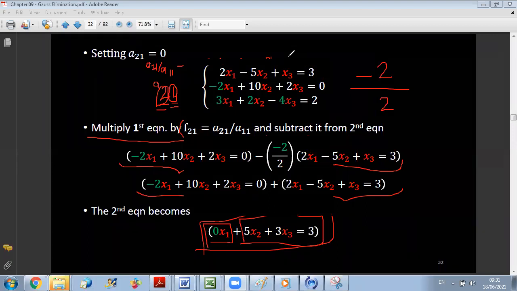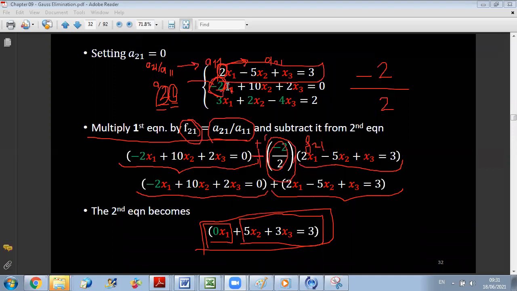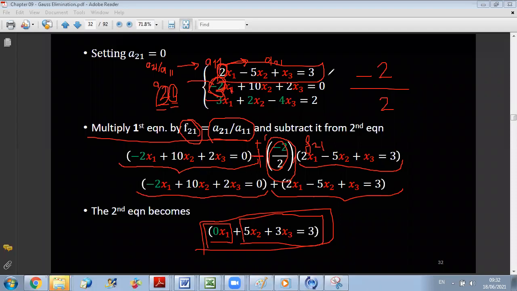Saeed, here you're right, in this problem you can just add them. But if I change the coefficient, if I give you another example, here -3, and you add them, you will not get 0. I'm giving you a general method that will work for any matrix. Here it happens that if you add the two equations, you get 0, but it will not be the case for any other matrix.